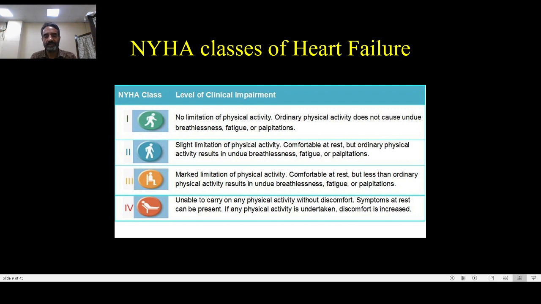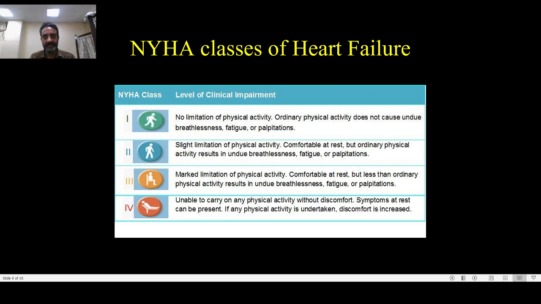So the New York Heart Association has classified heart failure into four stages: stage 1, stage 2, stage 3 and stage 4. At stage 1, there is no limitation of physical activity, and ordinary physical activity does not cause the signs and symptoms, that is breathlessness, fatigue, palpitation. Stage 2, slight limitation of physical activity is there; the patient is comfortable at rest, but ordinary activity leads to undue breathlessness, fatigue and palpitations.